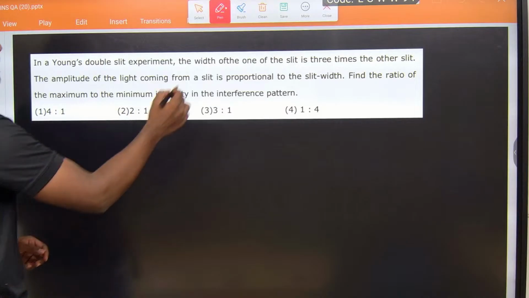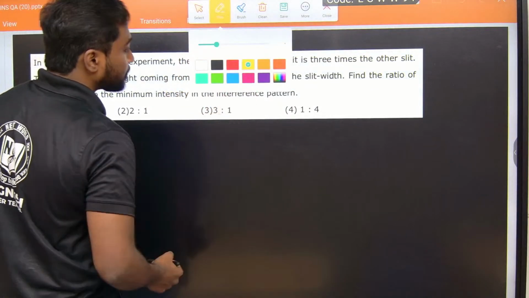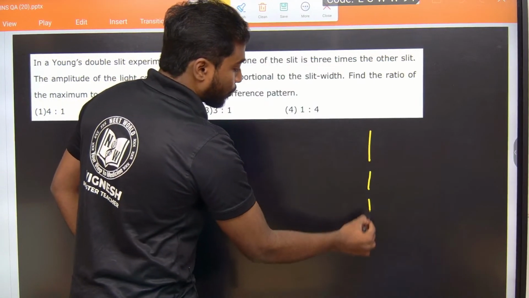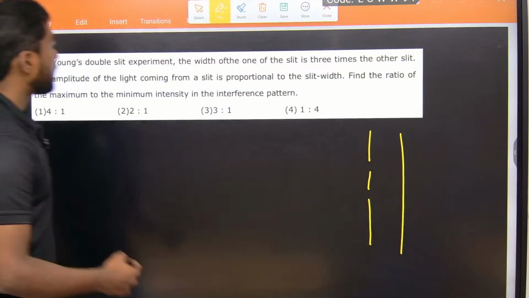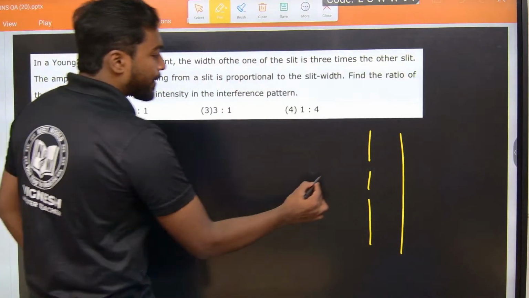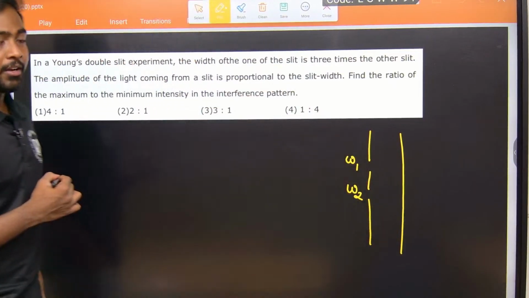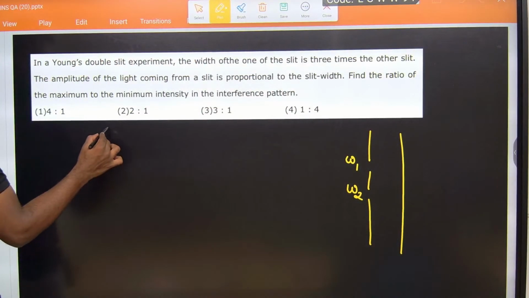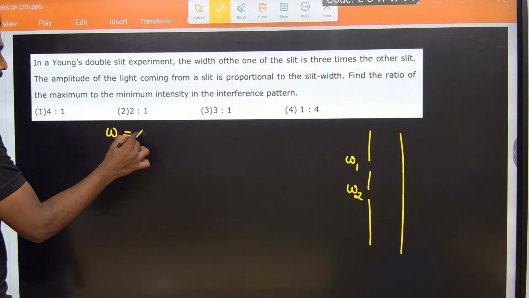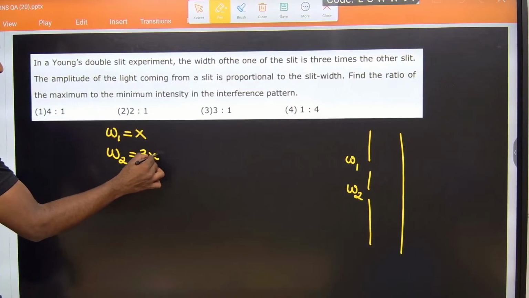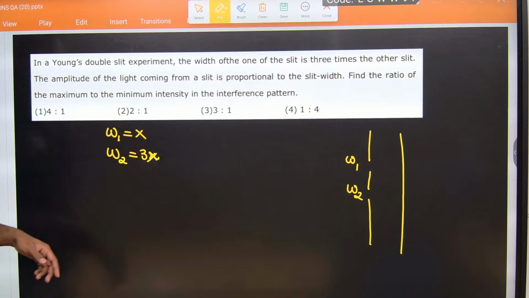Let me draw the diagram first. In Young's double slit experiment, let me consider this is W1 and this is W2. Suppose I consider W1 as x, then W2 will be 3x, 3 times x.